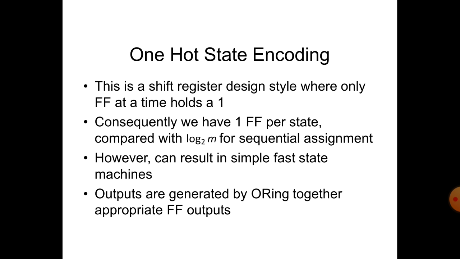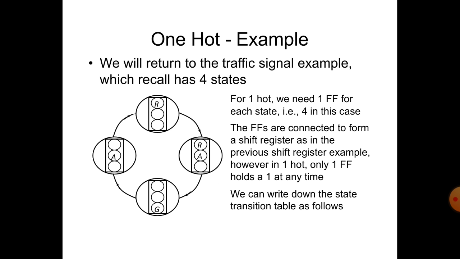Outputs are generated by ORing together the appropriate flip-flop outputs. For a one-hot example, we return to the traffic signal example, which, recall, has 4 states. For one-hot we need one flip-flop for each state, so 4 in this case, connected to form a shift register as in the previous shift register example.